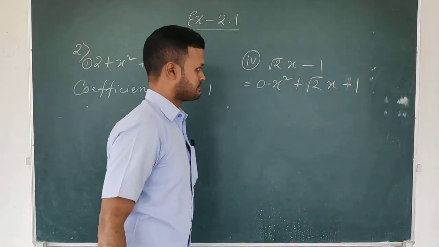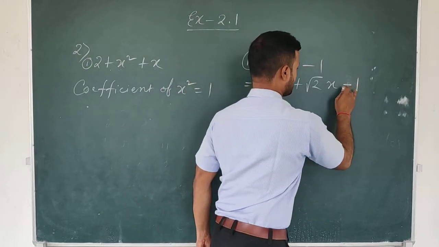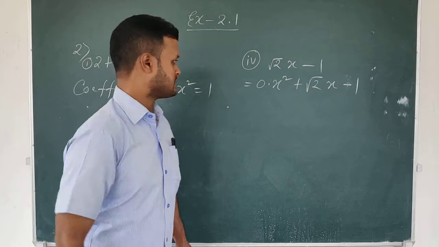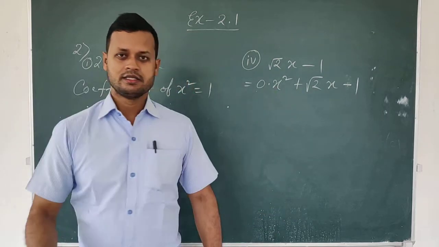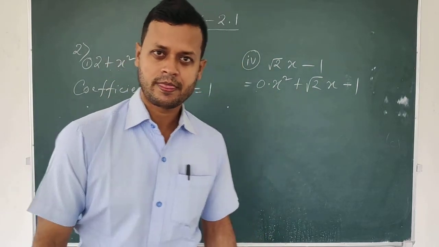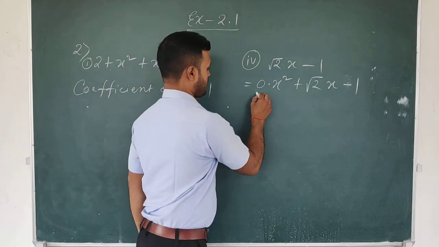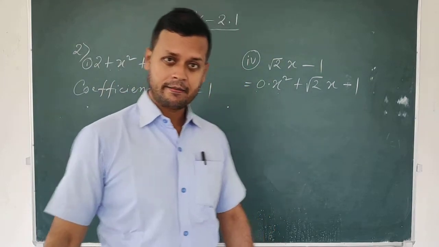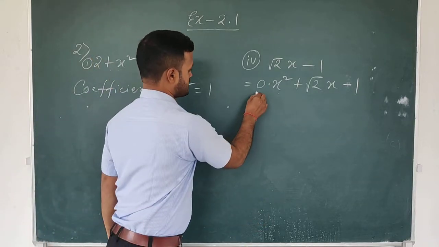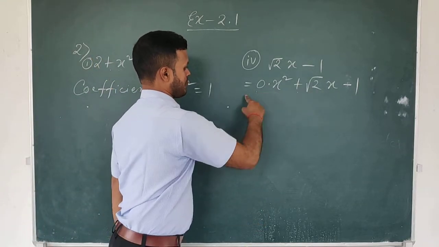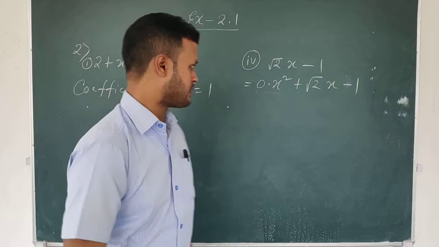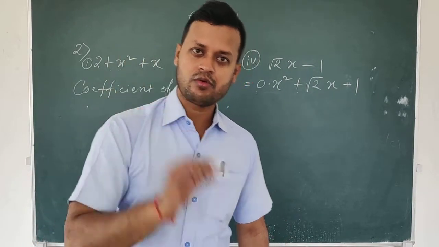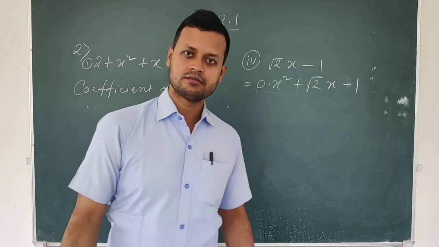Students, I can write like this. Why? Because 0 into x square means 0. So I can obviously write 0 into x square plus root 2x minus 1. Because 0 into x square will become equal to 0.